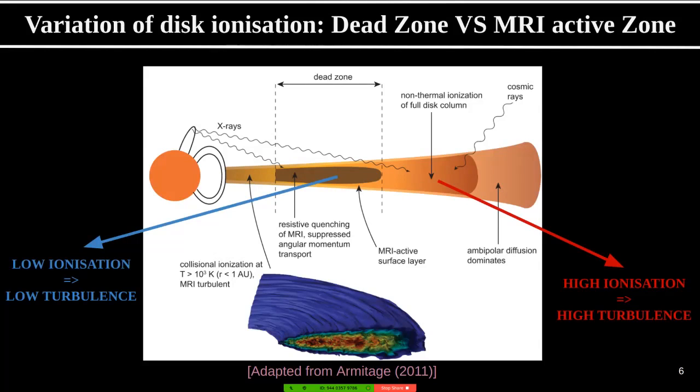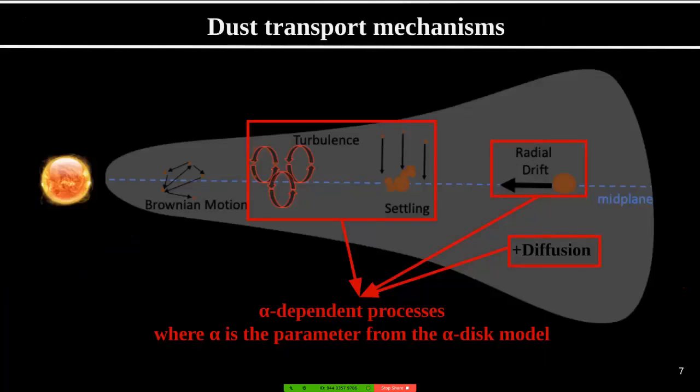So here's a very interesting picture, because you can clearly see that the ionization level in your disk will set where you can have MRI active regions, and therefore where the turbulence can be high. In other regions, the turbulence is going to be low. If you step back and are interested in the dust transport mechanisms, they are all related to the turbulence.